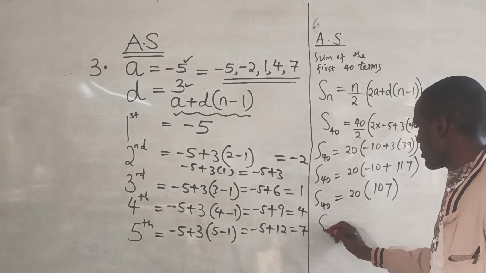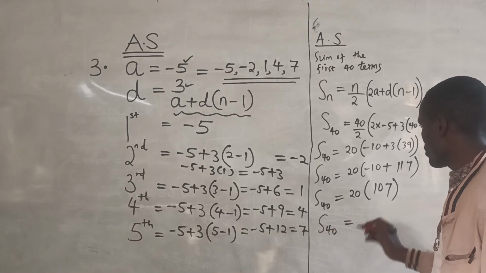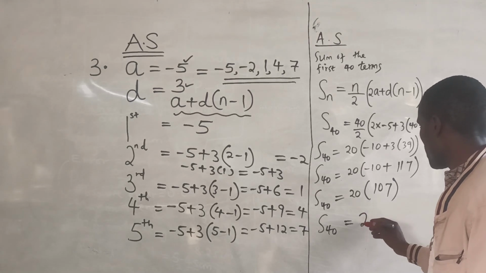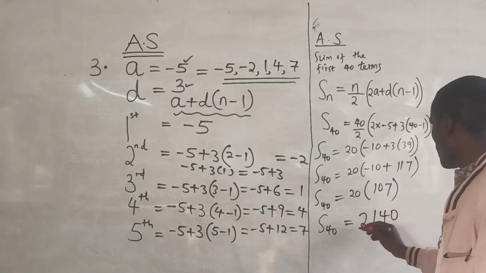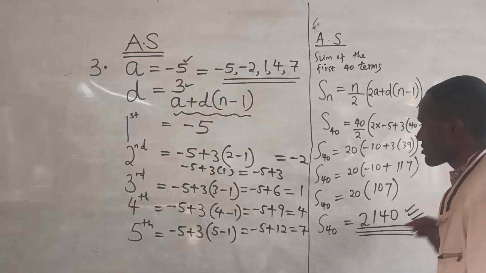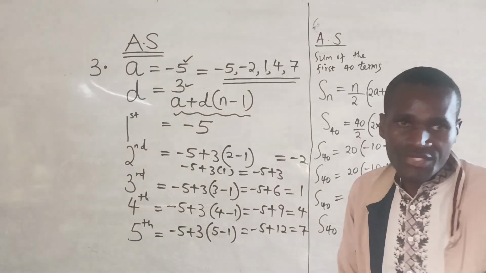So we shall say the sum of 40 terms would be equal to 107 times 20. That gives us 2,140. That becomes the answer as far as the sum of the first 40 terms of this sequence is concerned.